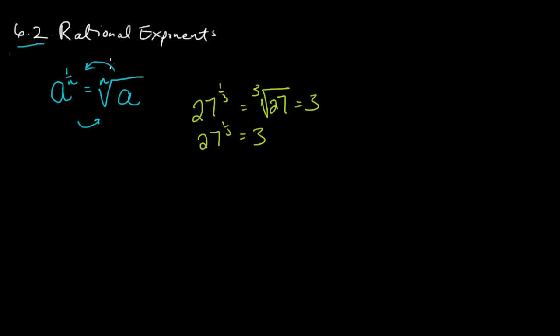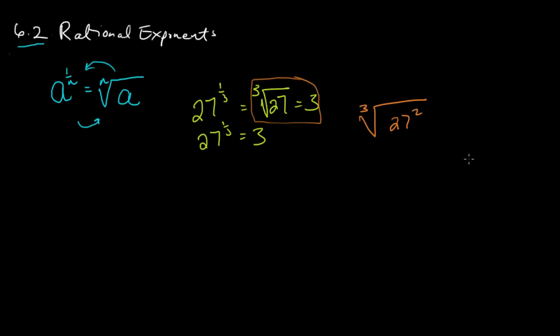What being able to convert between these two different notations helps us do is something like the following. Let's suppose, rather than just knowing what the cubed root of 27 is, which is easy, that's 3, let's say I want to know what the cubed root of 27 squared is.